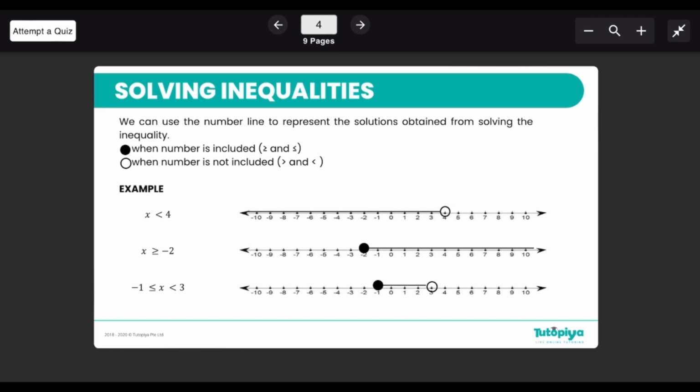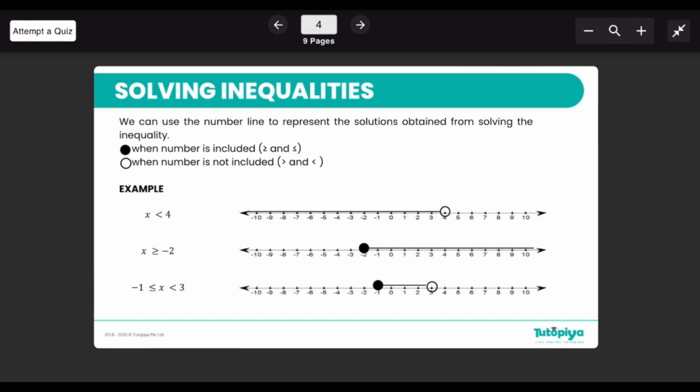There are two types of circles you can use: one is shaded and one is not shaded. In this case, because it is not including the number 4, I will use the normal circle, and any number below that is applicable in x is less than 4. So you draw a circle and then an arrow pointing towards the direction of all the numbers that x can take.